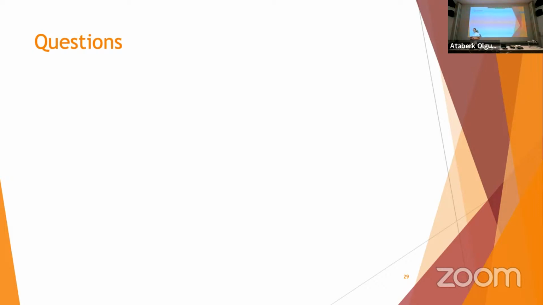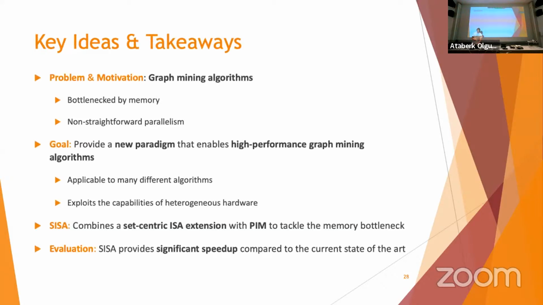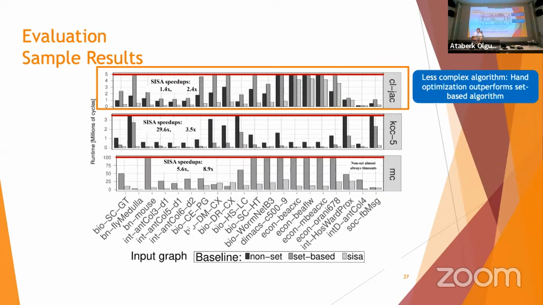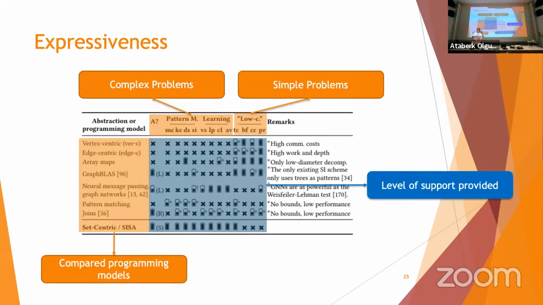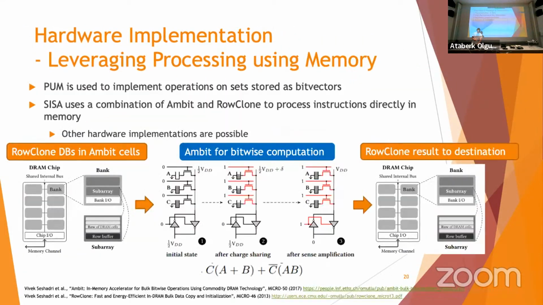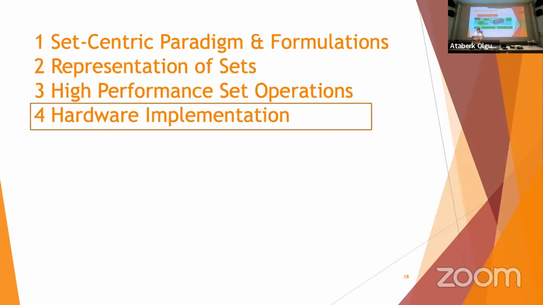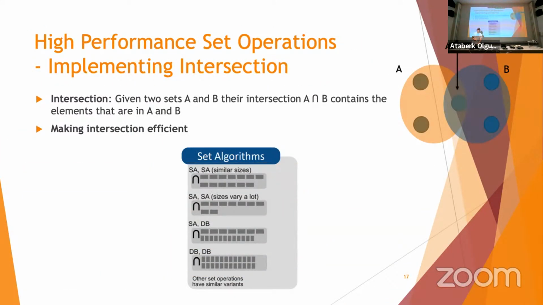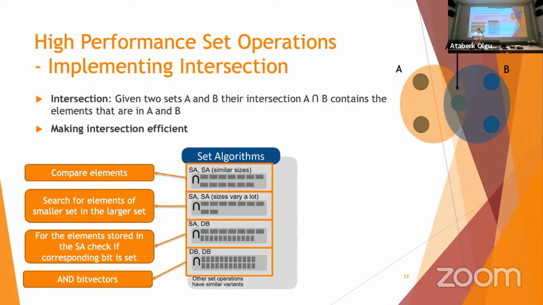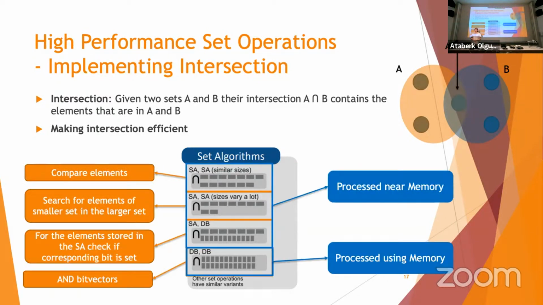So I have a question about the set intersection operation. It was in one of the slides. Could you maybe go back to the slide where you show that? Yeah.